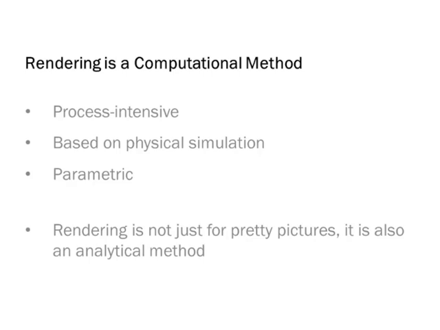And then lastly, this idea that it's not for pretty pictures, it's an analytical method. So you compose a rendering of something and you change something and you compare that to the rendering, or you change a setting on the rendering and you compare that to a previous rendering, and you iterate through it. That doesn't mean that they're picture quality, but that does mean that you're testing ideas out, right?